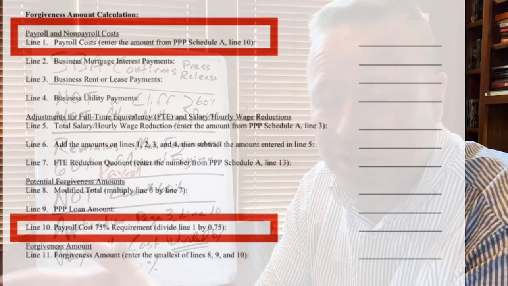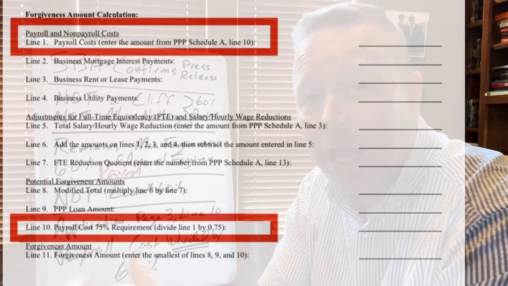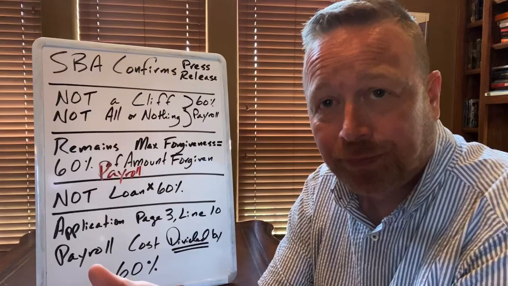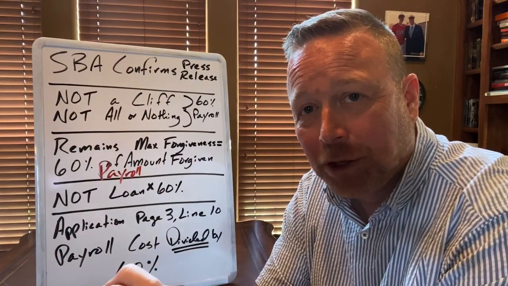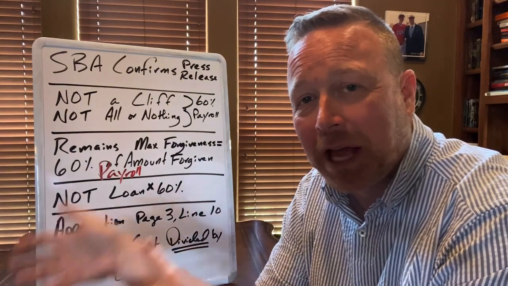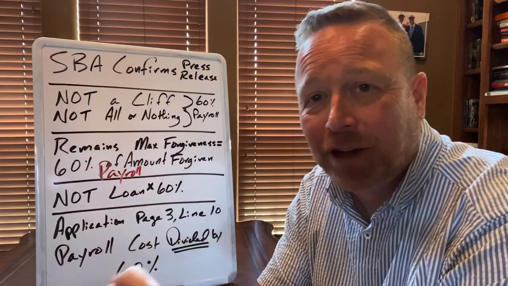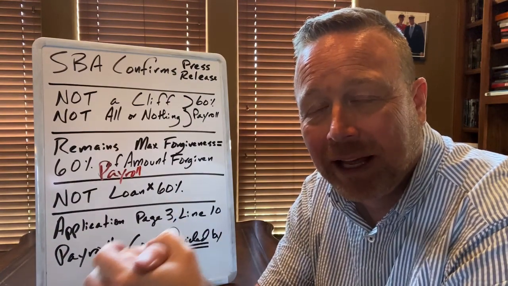It doesn't matter what the articles say, even though the articles are going to say your loan times 60%. What you have to look at is the loan application. And where does the 60% come in? The only spot that you're going to find it on the loan application is line 10, page 3.